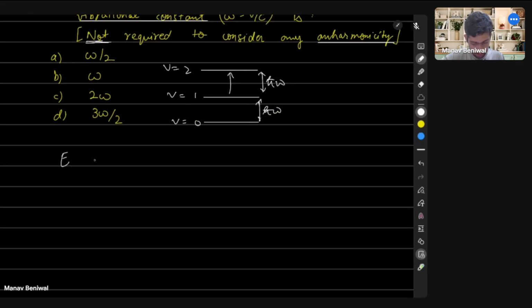We know that E is equal to h nu times v plus half. This is hc by lambda.